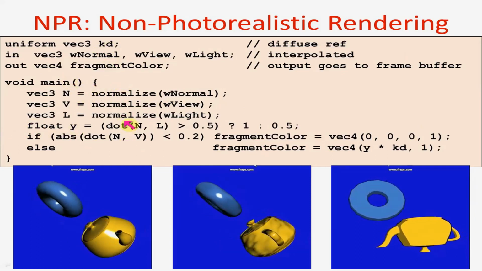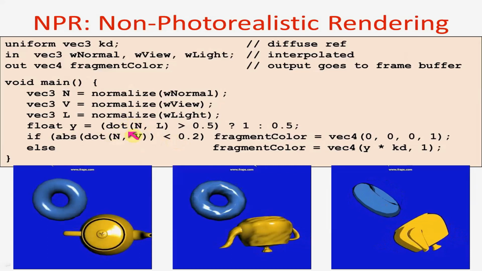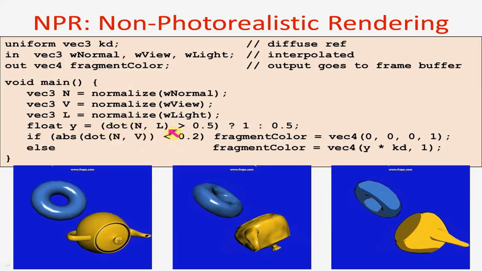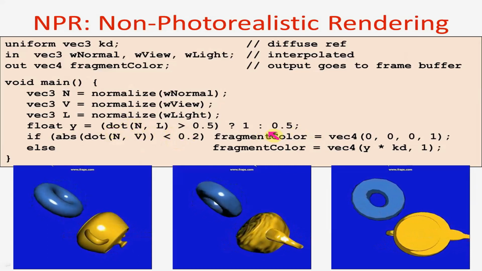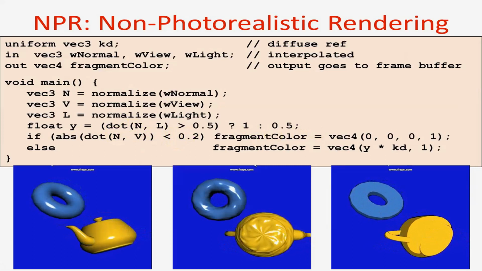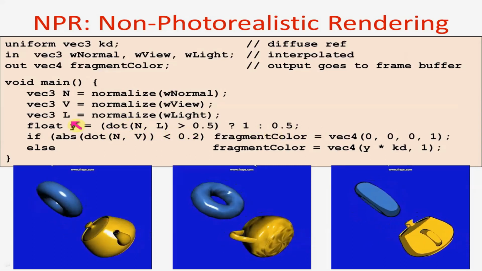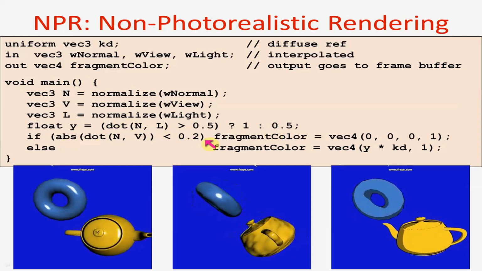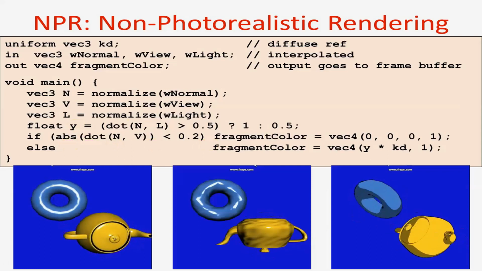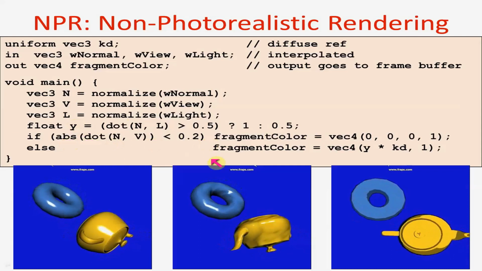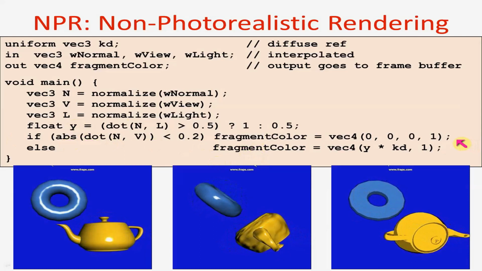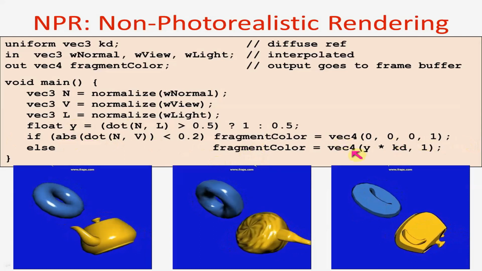As before, vectors are normalized. We quantize the geometric term into two levels, assuming that the painter has just two paints from every color. Here, we decide whether the point corresponds to a silhouette or not, and if it corresponds to a silhouette, the output color is black.